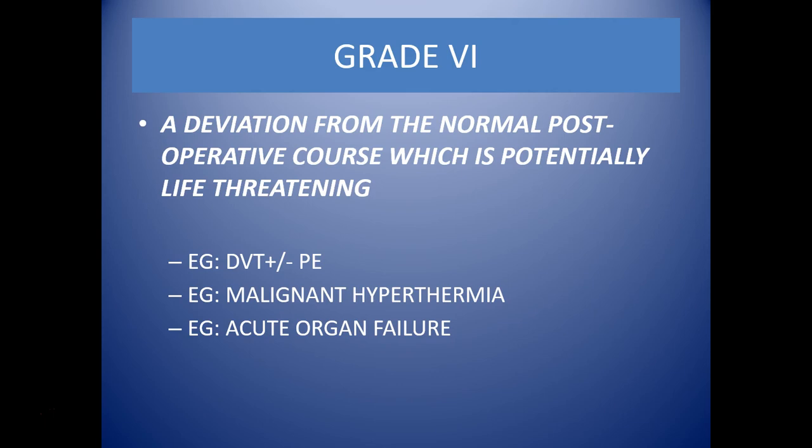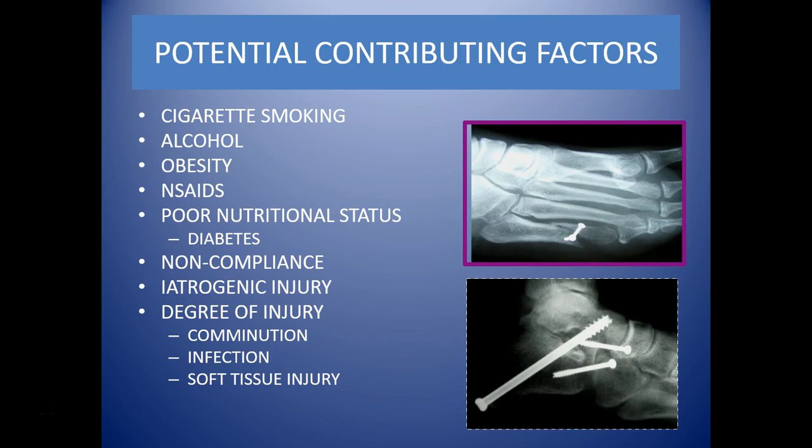So instead of just putting in articles that we had a complication rate of 6% or 8% or 7%, it would be nice to have a grading system so that we know the extent of the complications that occurred, because this will help us in our decision making as to whether to pursue those surgical procedures or not.